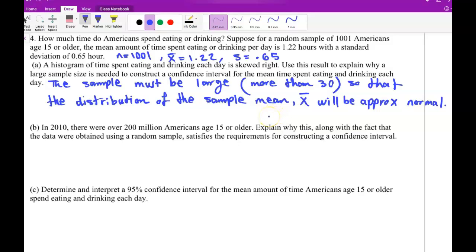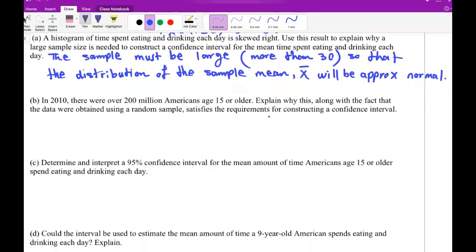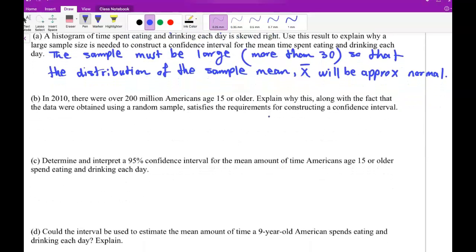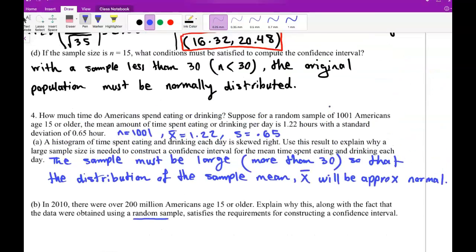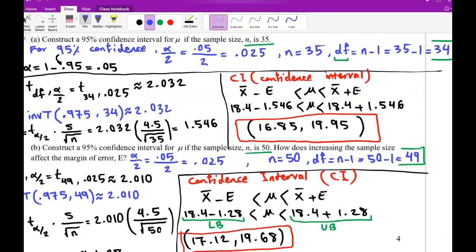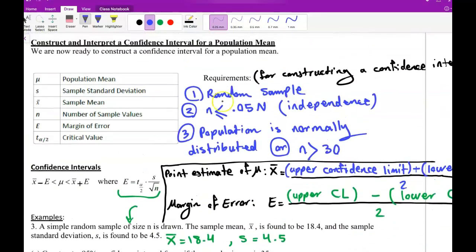Then Part B, in 2010, there were over 200 million Americans aged 15 or older. Explain why this, along with the fact that the data were obtained using a random sample, satisfies the requirement for constructing a confidence interval. Okay, so back to this part. We need to have all these.